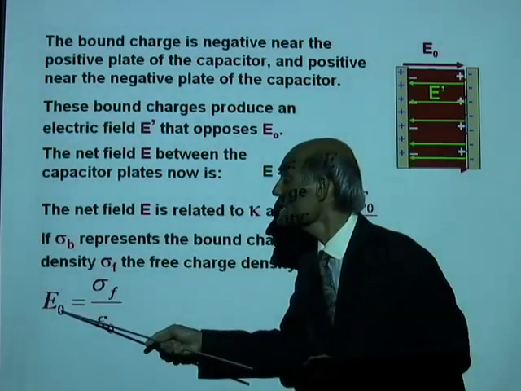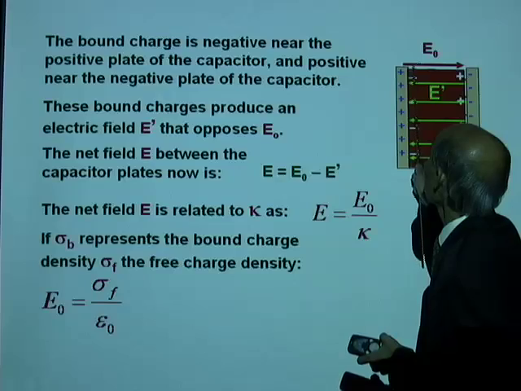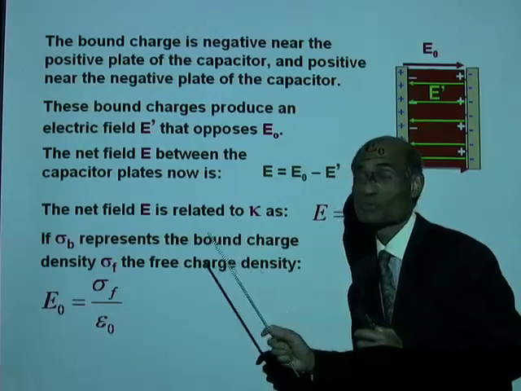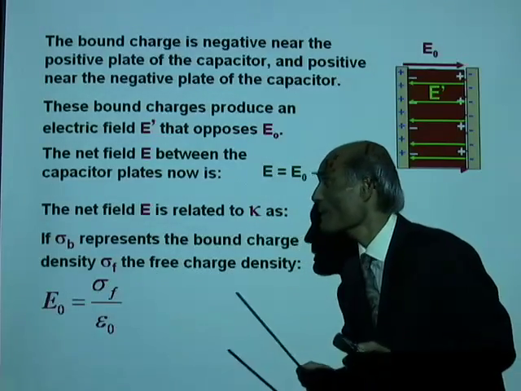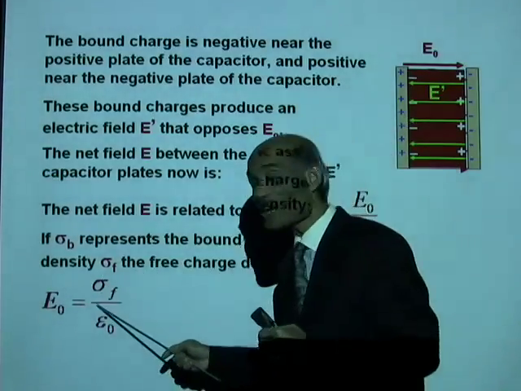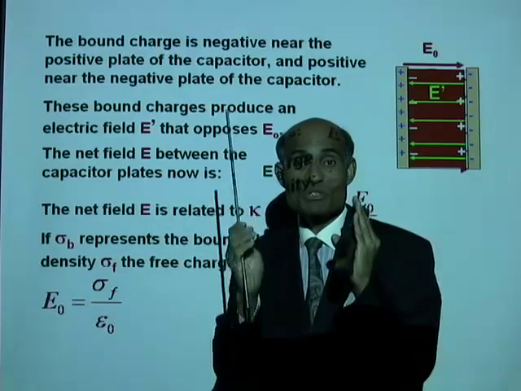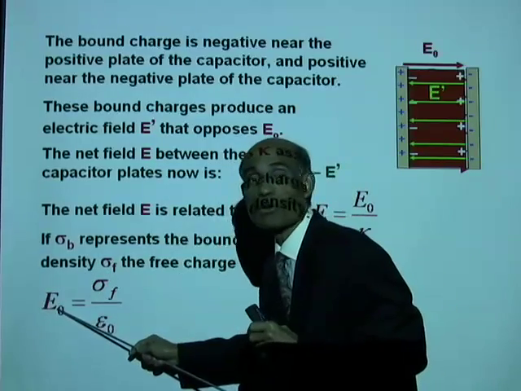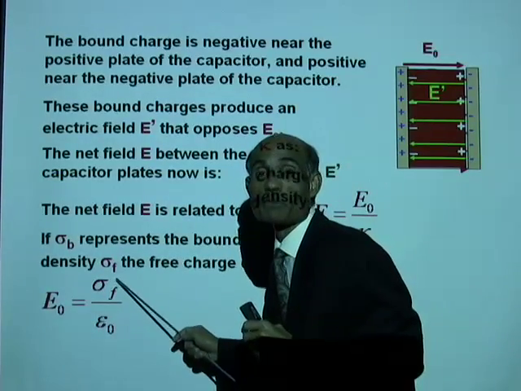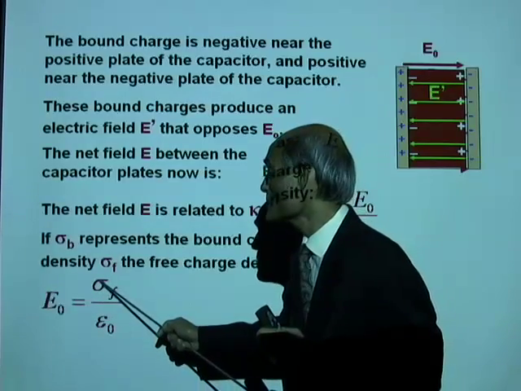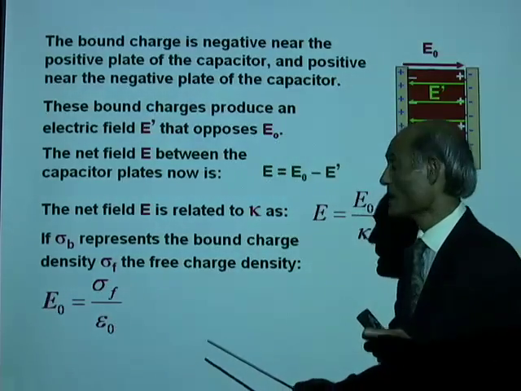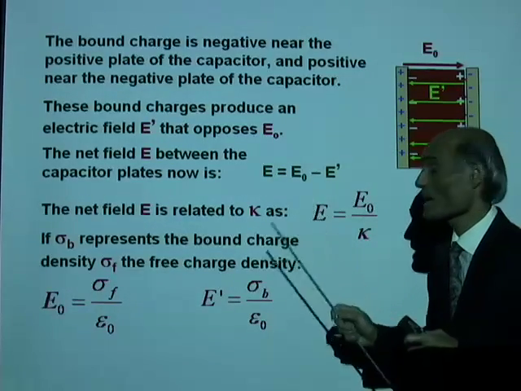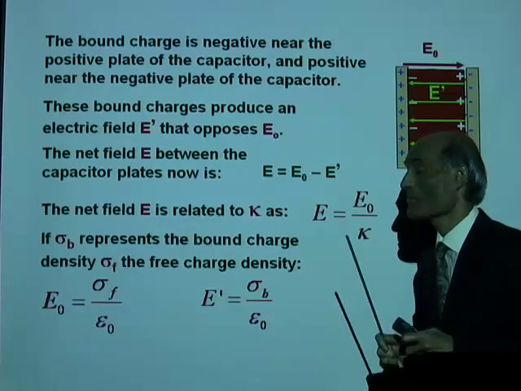Then E0, the electric field between the capacitor plates before the dielectric is introduced, is sigma F divided by epsilon naught. I hope you remember that equation: the electric field between two parallel plates is sigma over epsilon naught. So E0 is caused by the free charges, therefore that will be sigma F divided by epsilon naught. And E prime, the electric field caused by the bound charges, will be sigma B divided by epsilon naught.